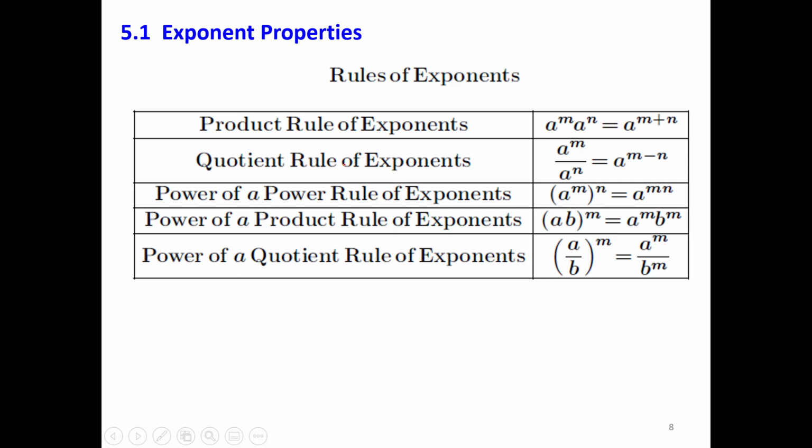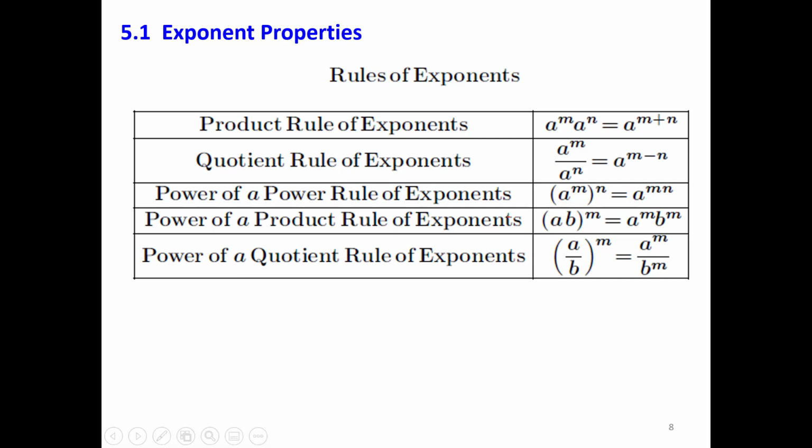In the quotient rule, we can apply this rule again only if we had the same base, and if we had the quotient, then what we had to do is subtract the exponents. Power of a power, what we had to do is just multiply the exponents. It doesn't matter if the exponents are positive or negative, you can apply this rule.